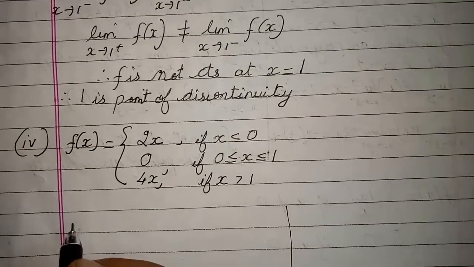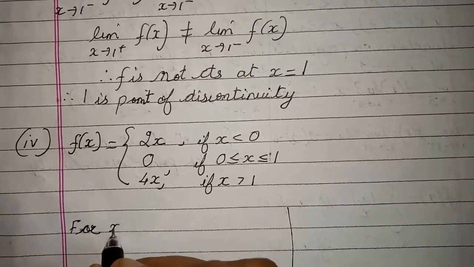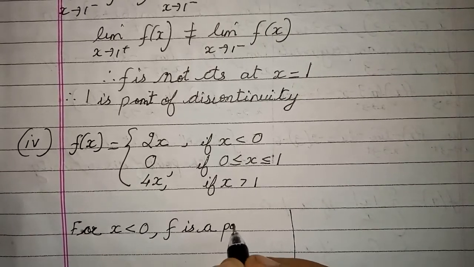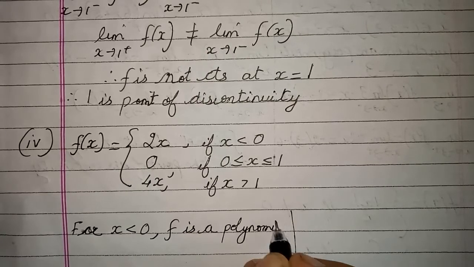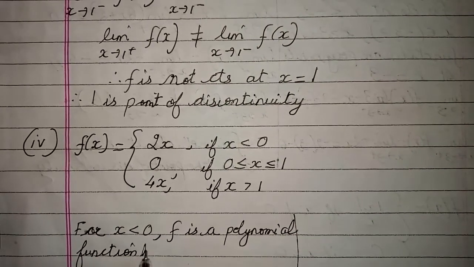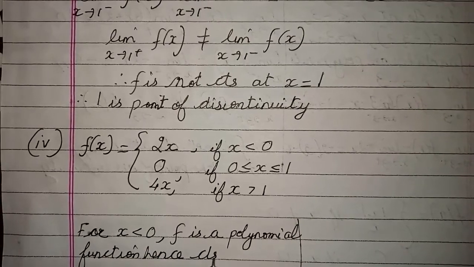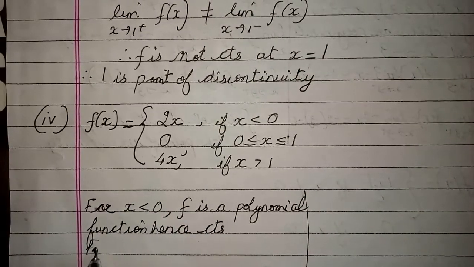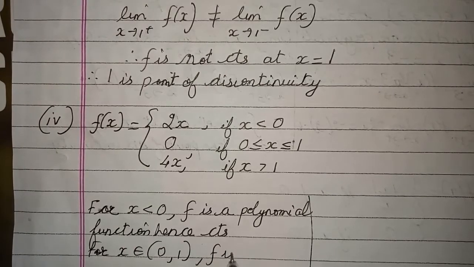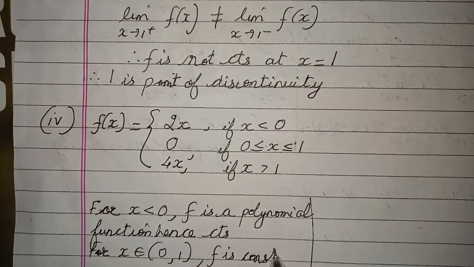Okay, children, I can write for x less than 0, f is a polynomial, hence continuous. Now, for x between 0 and 1, f is constant.